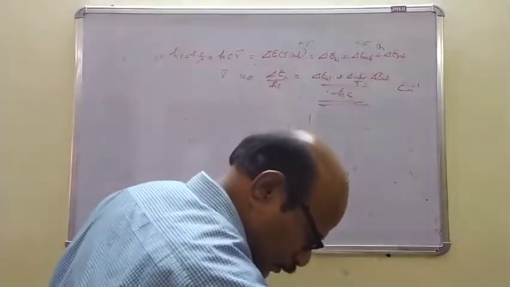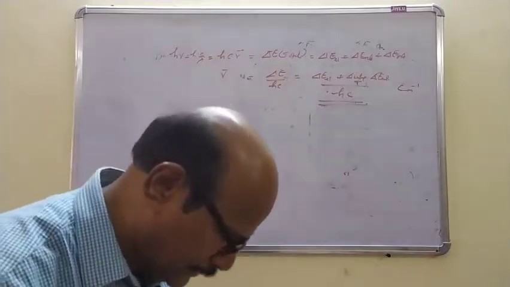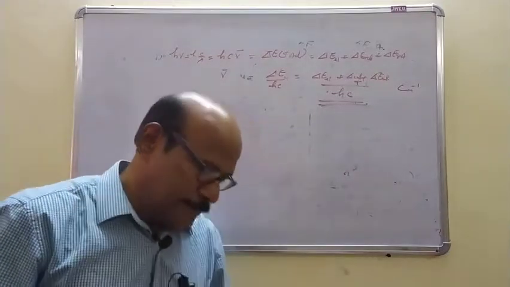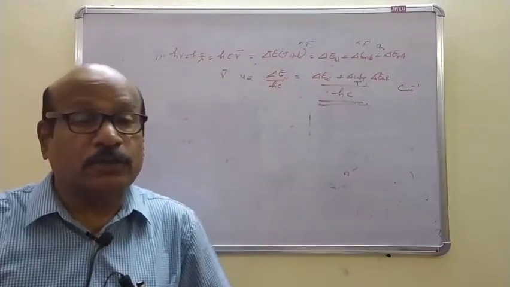Then next we come to the potential energy curve. The potential energy curves representing electronic transitions are usually called Morse curves.